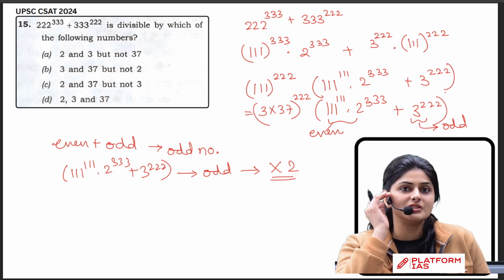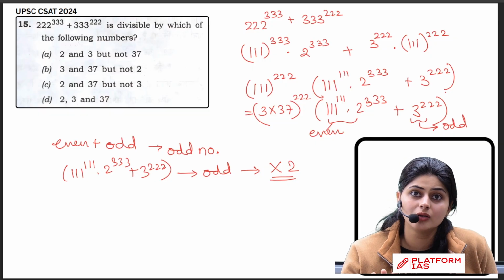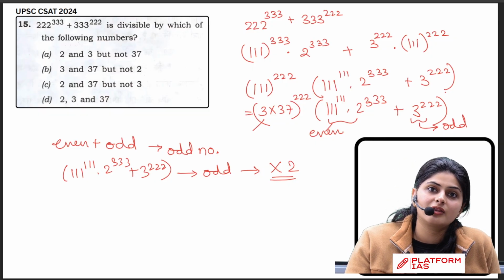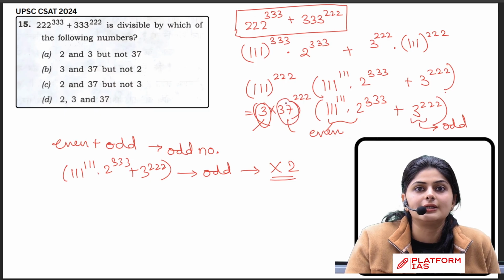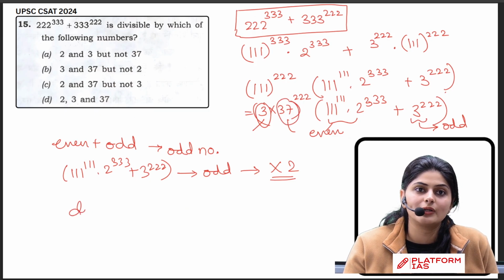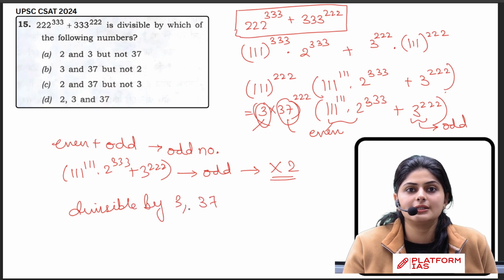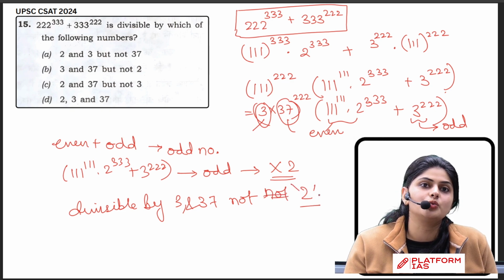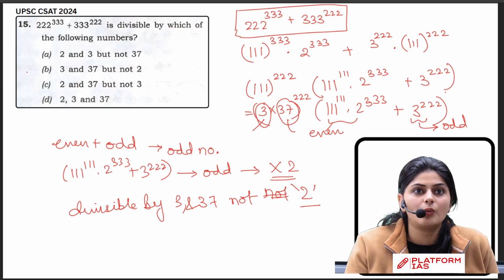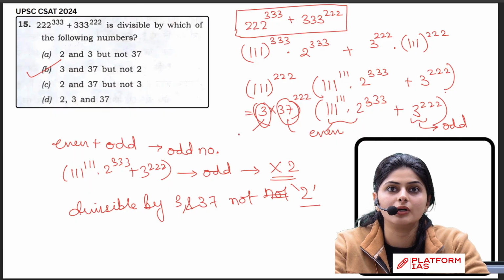For a number to be divisible by 2, it should be an even number. Odd numbers are not divisible by 2. So what are the factors that are left? 3 and 37. So this entire sum will be divisible by 3 and 37 and not by 2. Which option satisfies this? Option B, 3 and 37 and not 2. So your answer will be option number B.